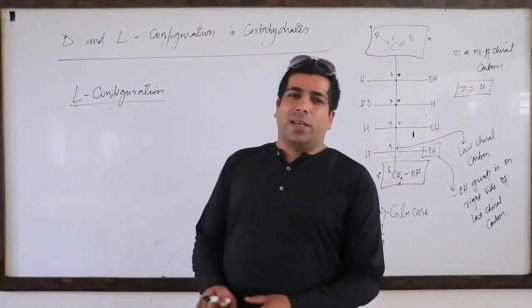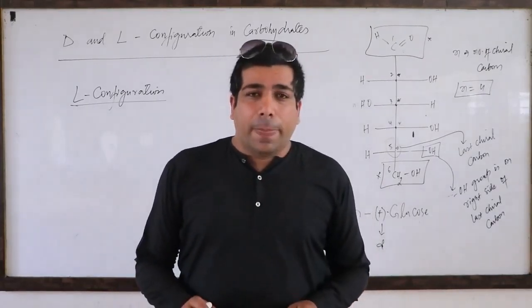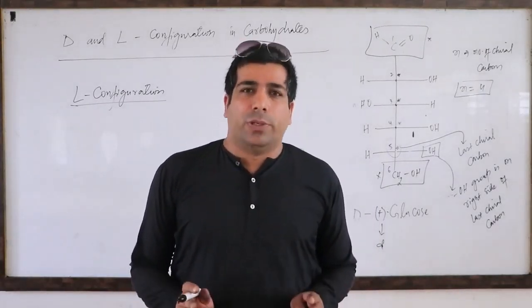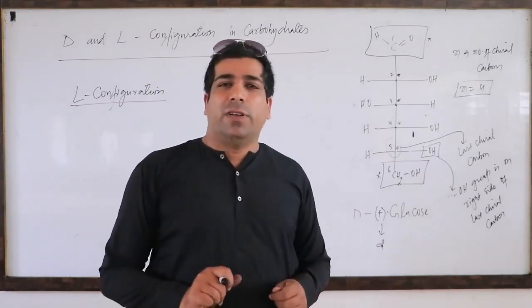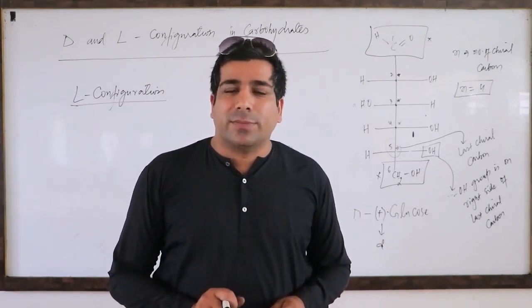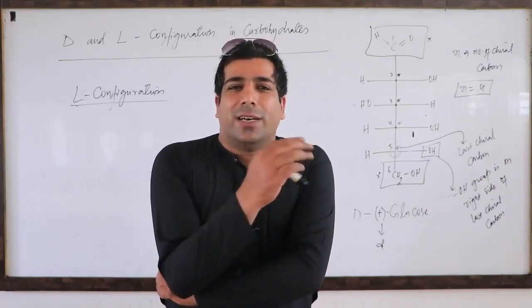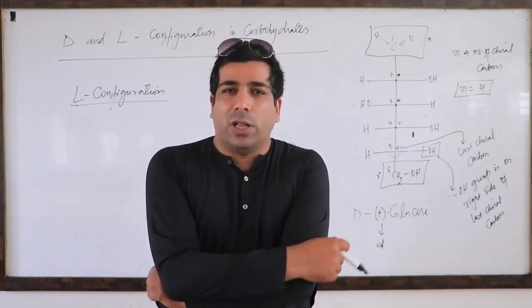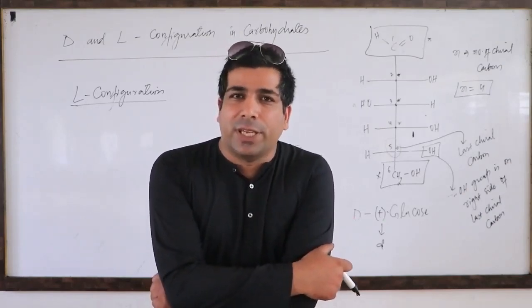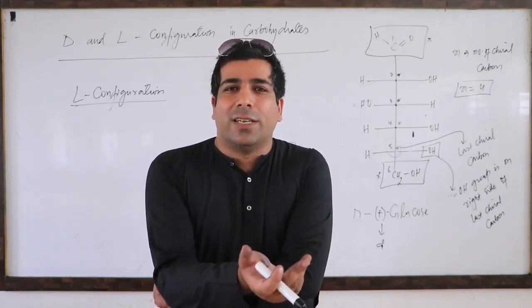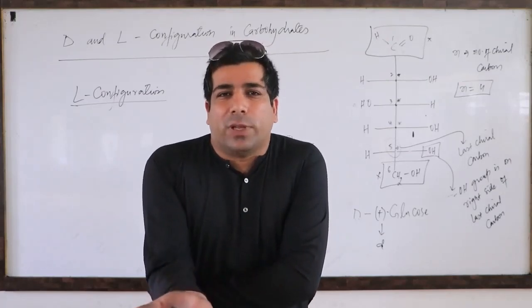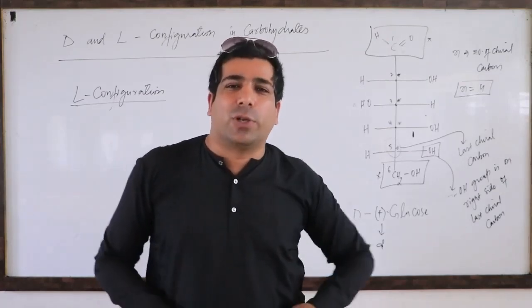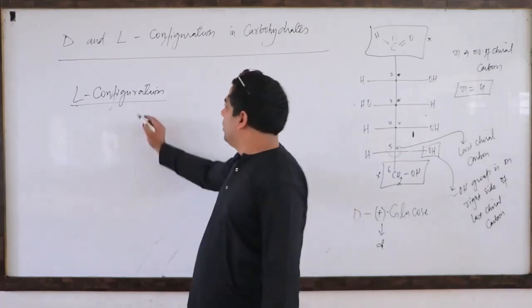And remember, L stands for the presence of the OH group on the left side of the last chiral carbon. But remember, all sugars are D sugars. All natural sugars are D sugars. So L sugars are not natural, but you can synthesize them in the laboratory. Okay? Let's have a look.